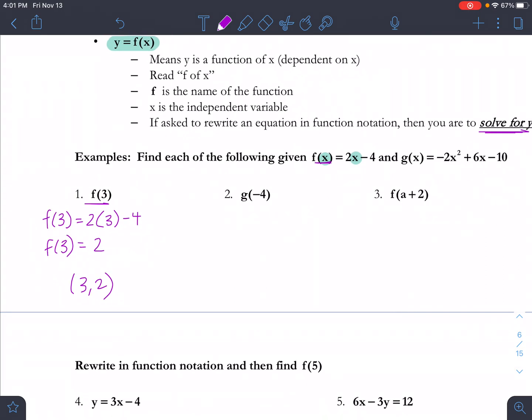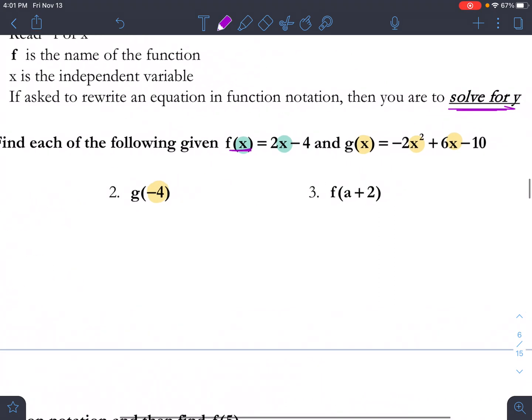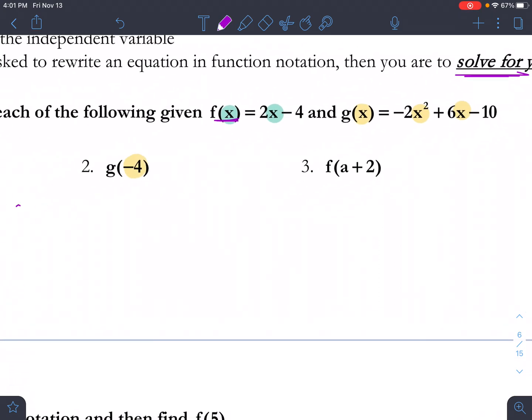All right, g of negative 4, so we go to g of x. Wherever we see an x, we're replacing with negative 4. And we want to replace this with parentheses. I'll show you what I mean. So g of negative 4 is negative 2 times negative 4 squared plus 6 times negative 4 minus 10. So notice every time I plugged it in, I put those parentheses around it just to make sure I take care of negatives and such.